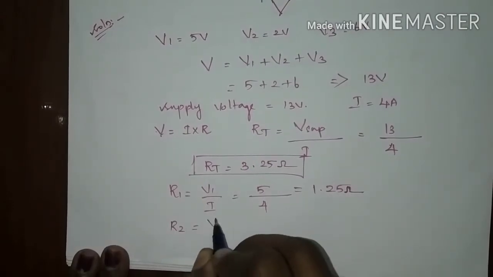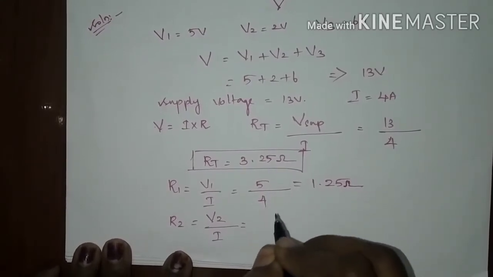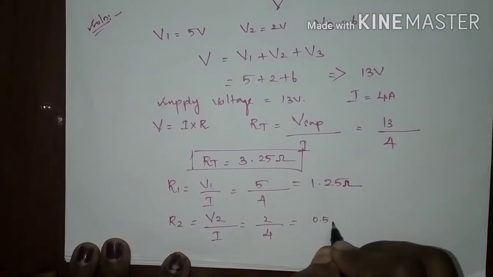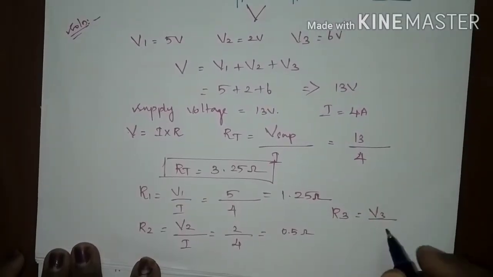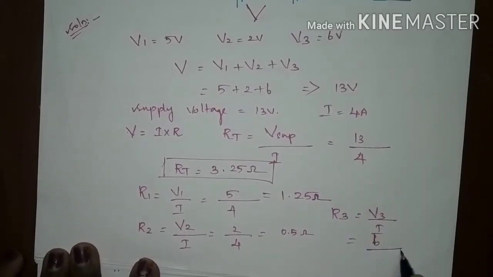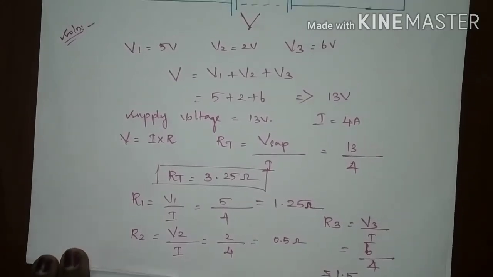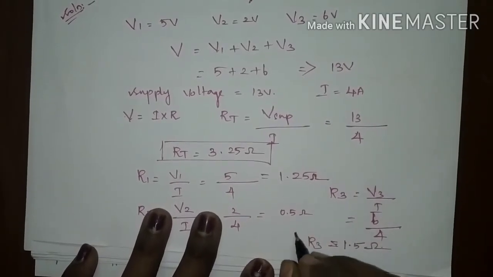R2 would be V2 divided by I. V2 is the drop across R2, that is 2 divided by 4, we will get the value as 0.5 ohms. R3 is V3 divided by I, V3 is 6 volt divided by I which is 4, we will get the value as 1.5. R3 is 1.5 ohms.